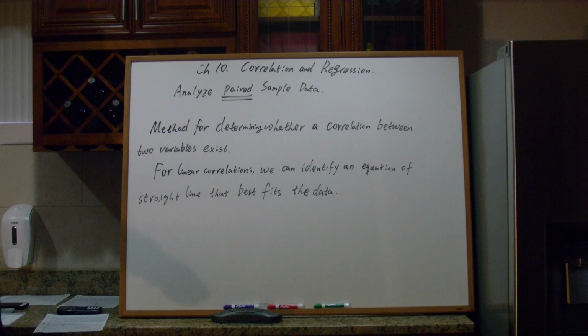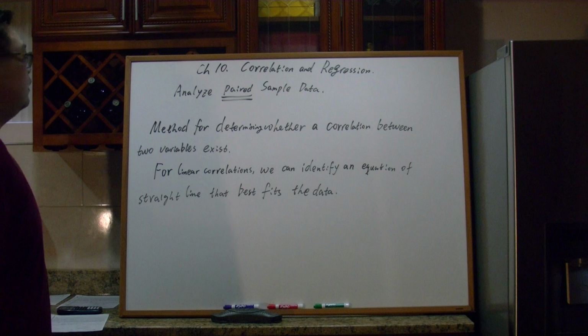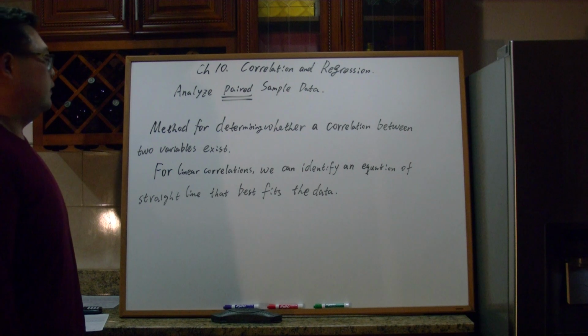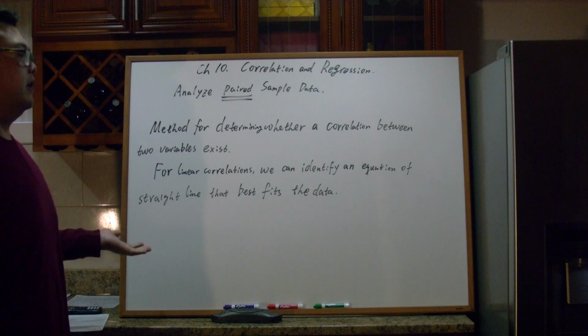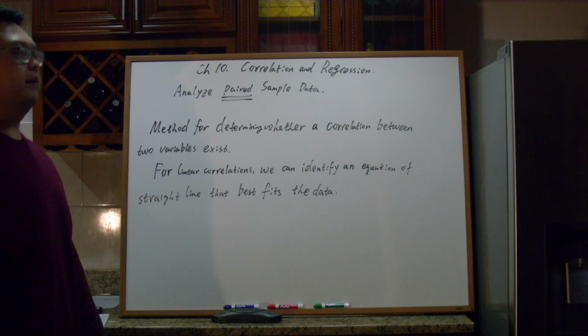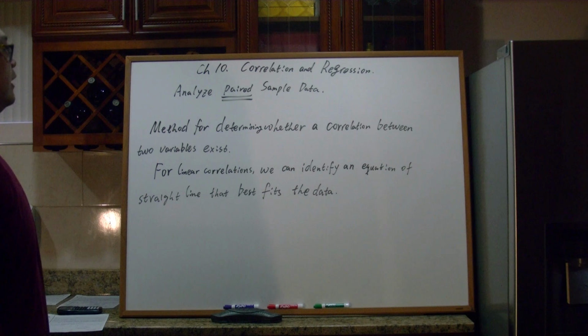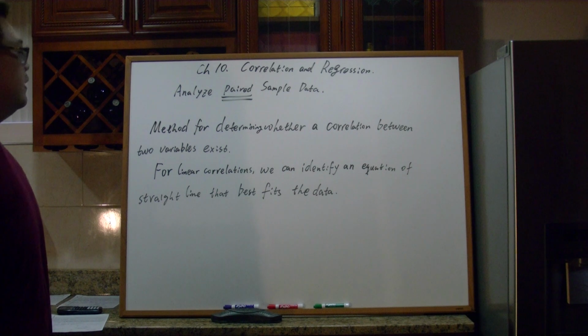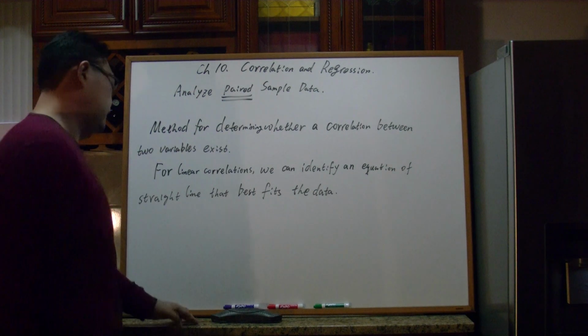Also, maybe some data fits not a linear correlation, but some other type of correlation that we are not discussing in our chapter. I will only discuss the linear correlations anyway.